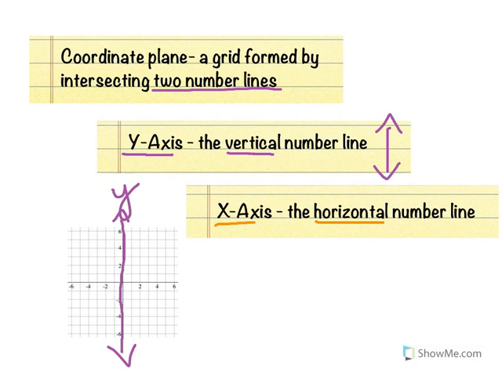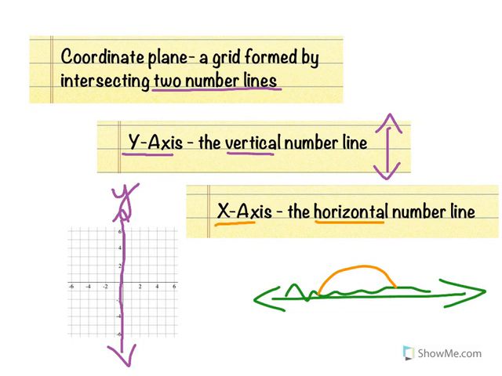Horizontal, I can always remember which way horizontal goes because, like the horizon, horizontal goes across. Okay, so my x-axis will be this one going across here. Also, another thing that I can remember which one's which, because y kind of has a sort of vertical line.